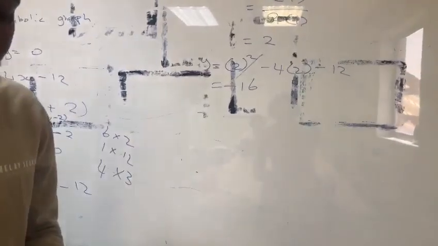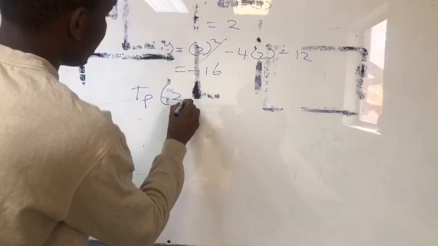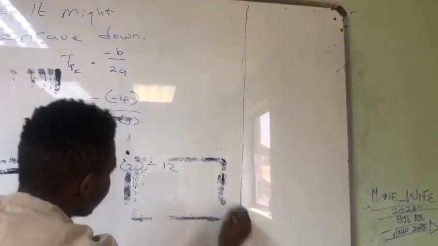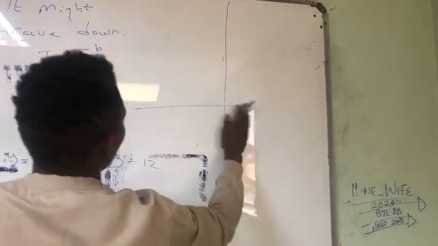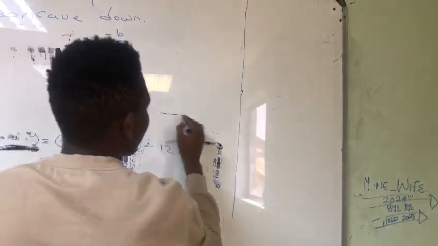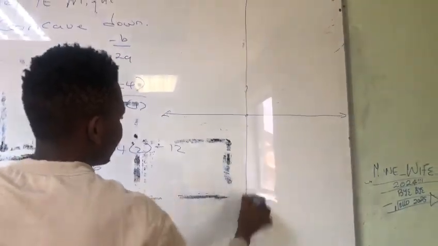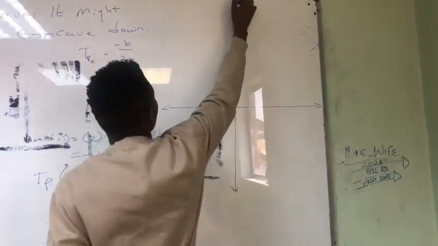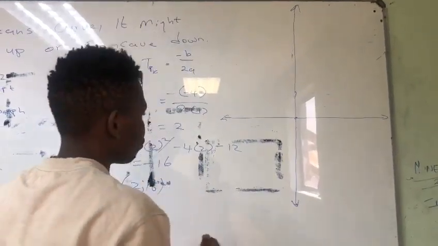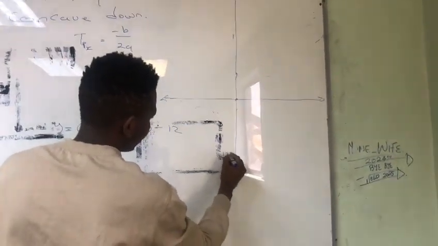From here, we're going to draw our graph. Our turning point coordinate is 2 and minus 16. Our a tells us that our graph will be concave up. You all know that, right? Here we go. We are going to look for our y intercept, a minus 12 here.